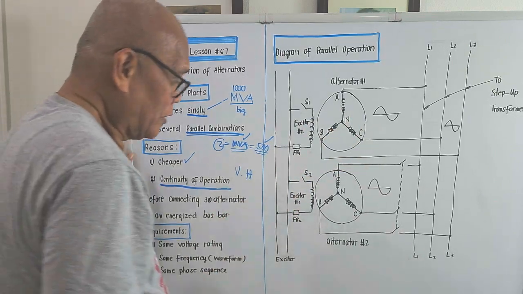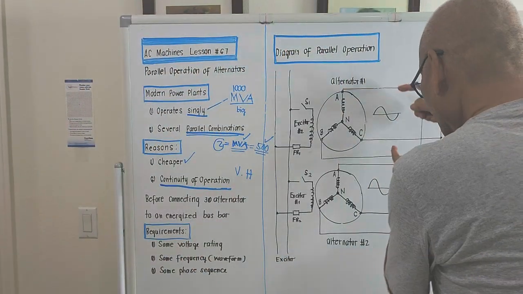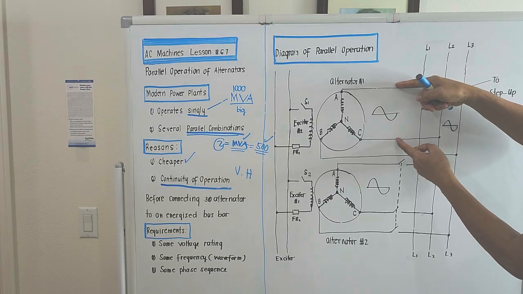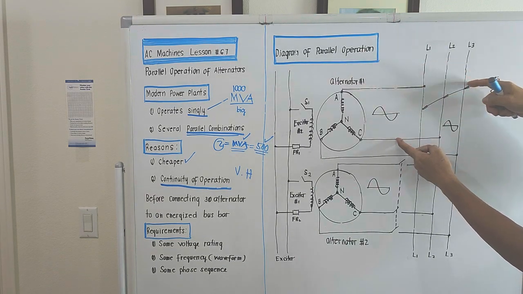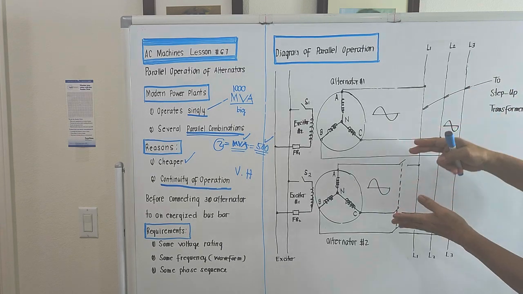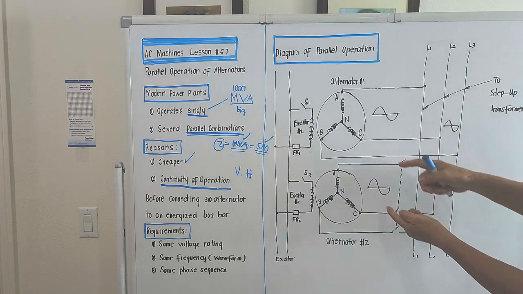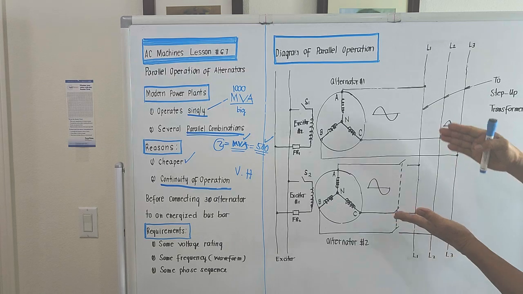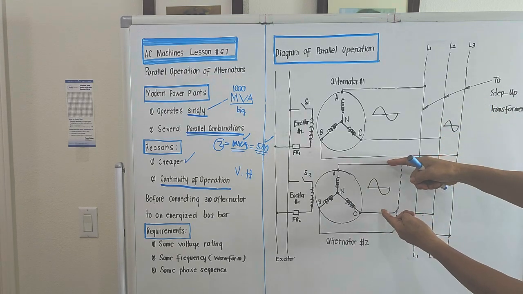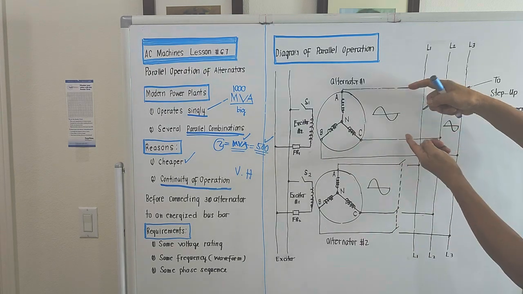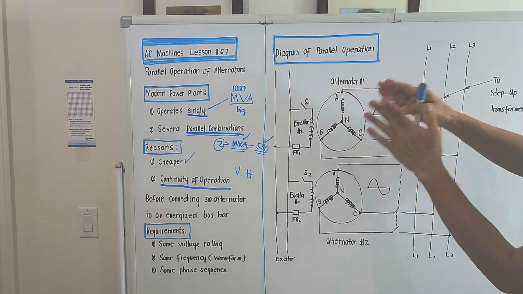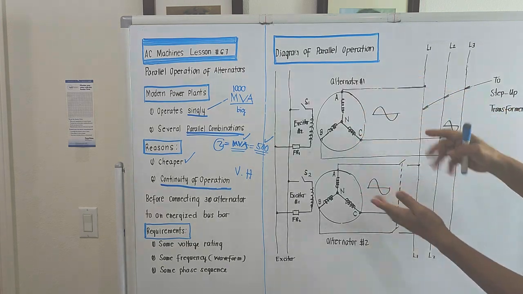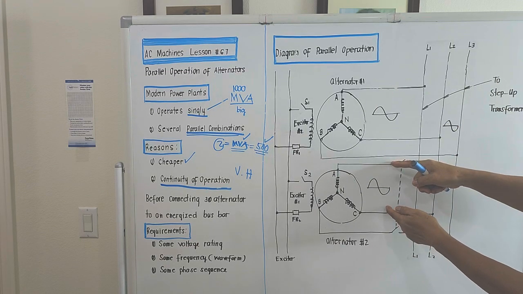Meaning, if you measure the voltage here, this is the alternator which is already connected to the bus bar. Considering line number 1 and number 2, if the voltage of this is 2300, the voltage of the incoming alternator, line to line, should also be 2300.